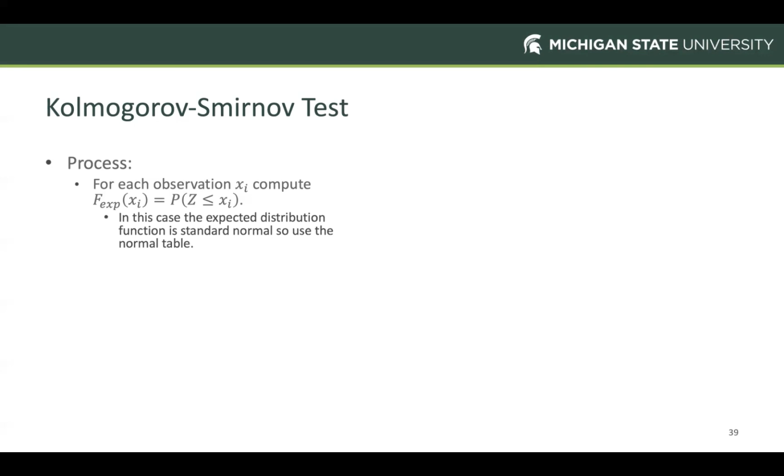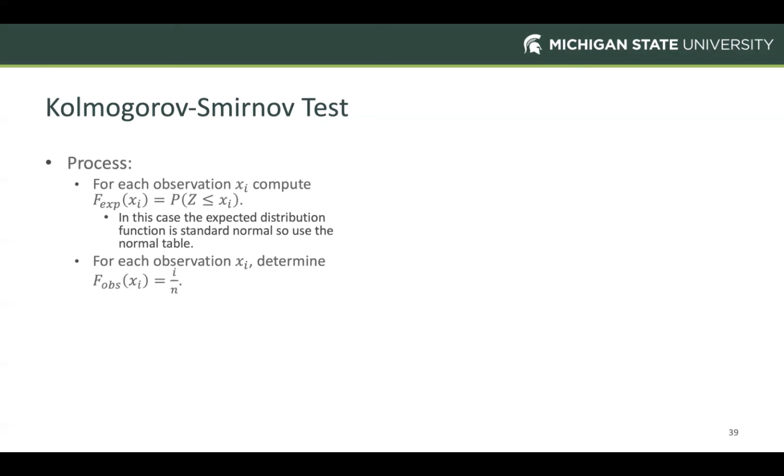In this case we're assuming a normal distribution, so we can go directly to the standard normal table that we're all quite familiar with. But we could use a similar approach for other types of distributions, and you could go to the corresponding tables and tabular summaries for those distributions to analogously conduct the KS test.